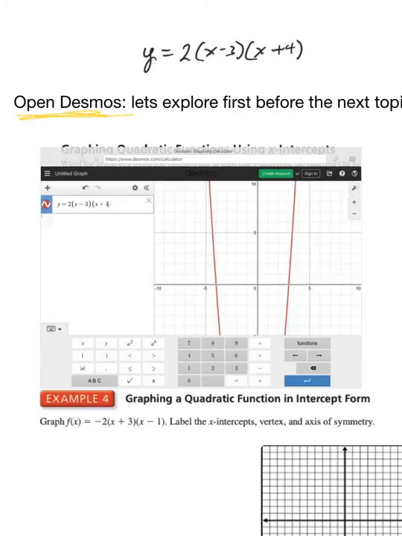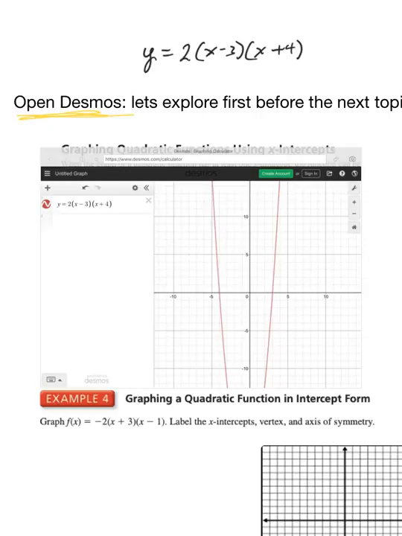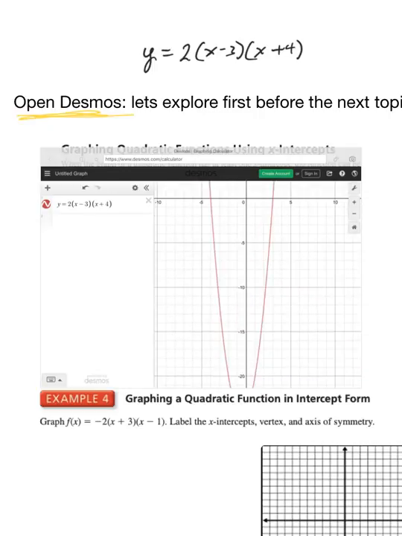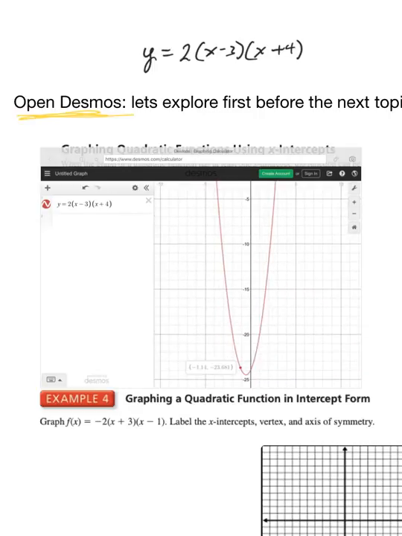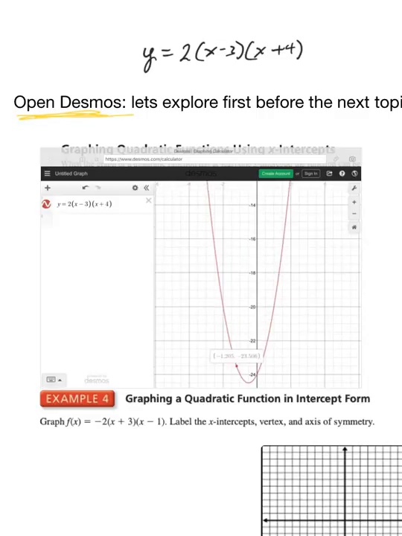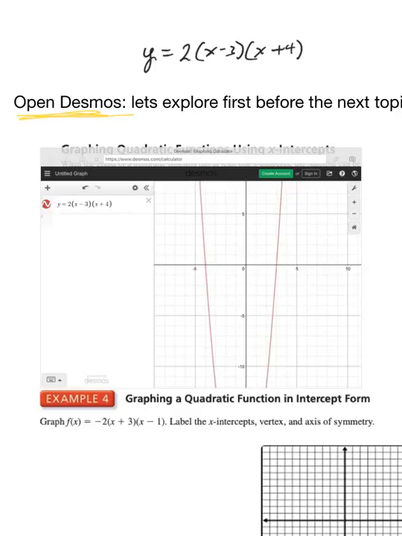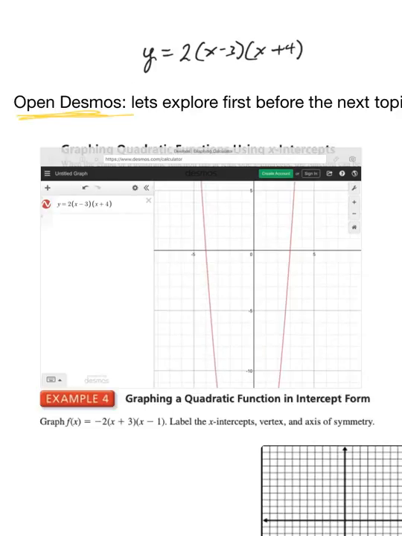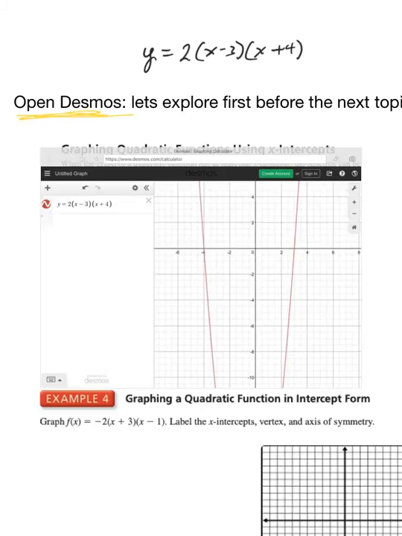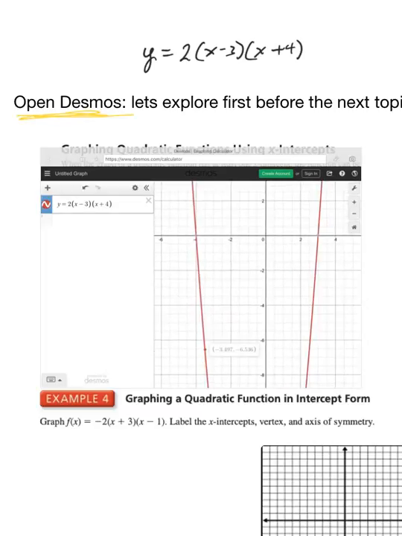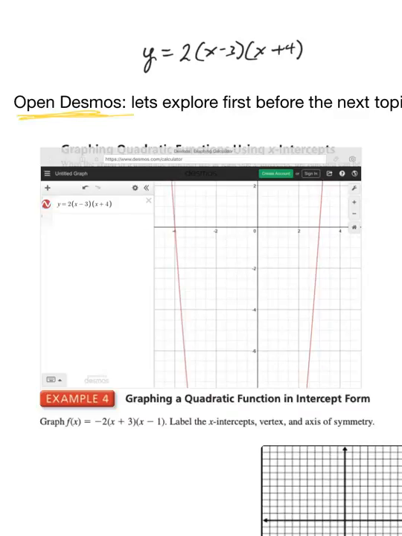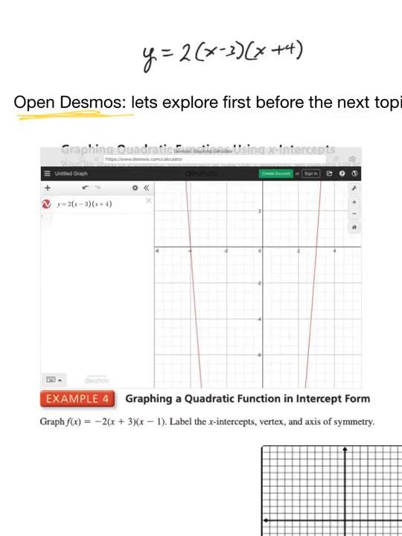Stay patient. All right, well, you'll notice that it did draw a parabola, and it's a very steep parabola, unfortunately. But what I really want you to look at is this part of it. I want you to look at the x-axis, and I want you to notice where it crosses the x-axis. Okay, well, let me show you.